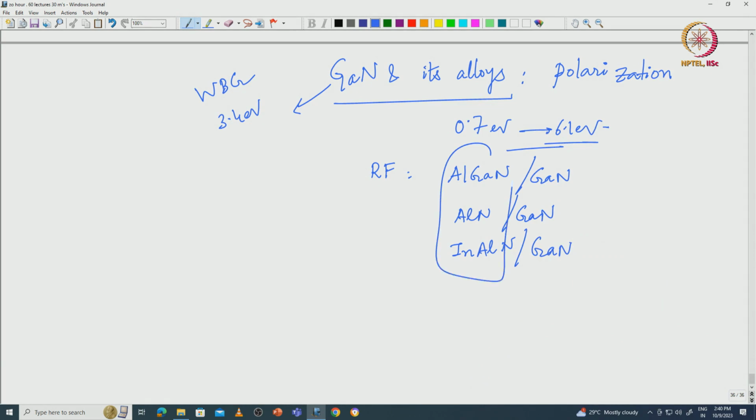All these materials, and the barrier, this forms the barrier, they have a band gap which is much larger than the gallium nitride band gap. Okay. And these are all gallium polar orientation. Remember we talked about gallium polar.